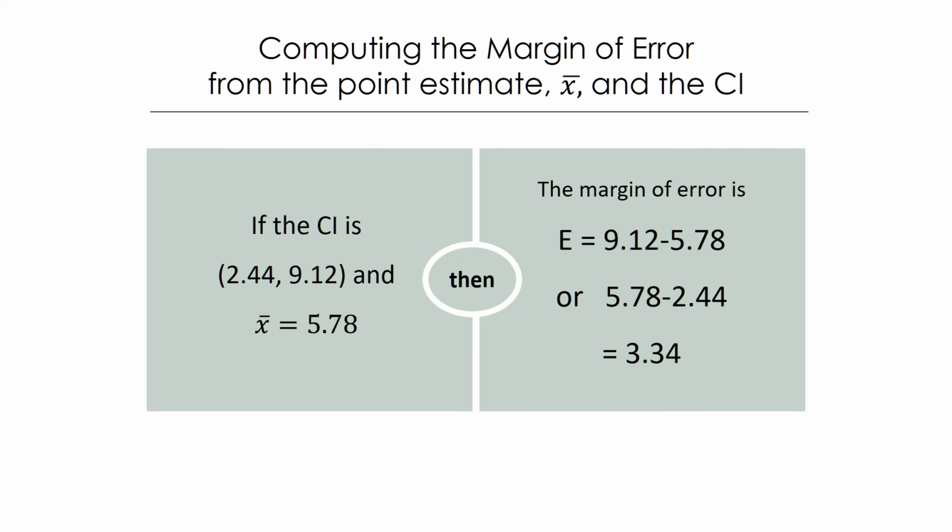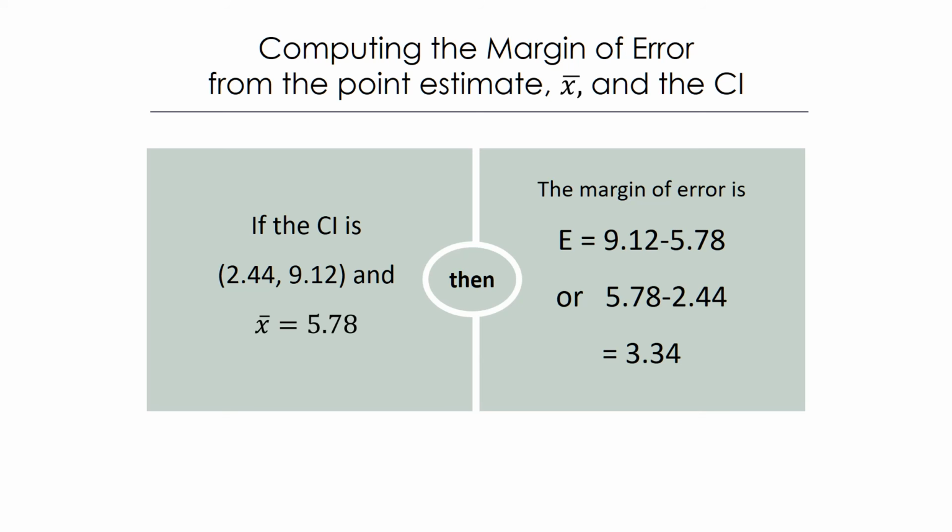Computing the margin of error from the point estimate x bar in the confidence interval is even easier. And here what you just have to realize is that the point estimate, the sample mean, is at the center of the interval. Again, because the interval is obtained by adding and subtracting the margin of error to and from that sample mean, the margin of error is the difference from the sample mean to either endpoint.